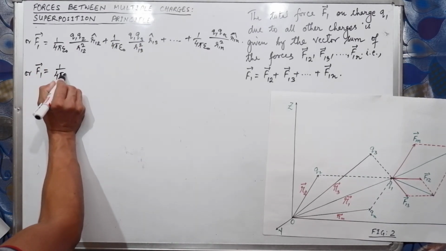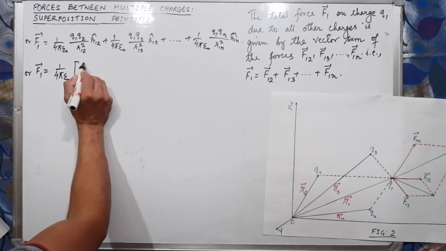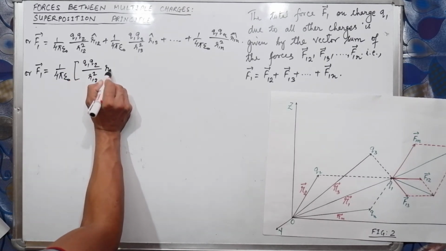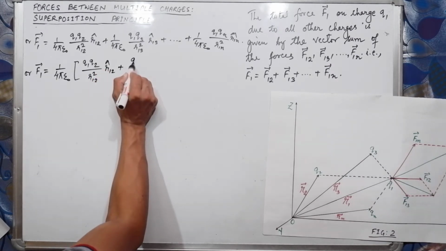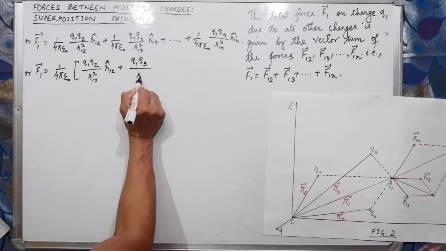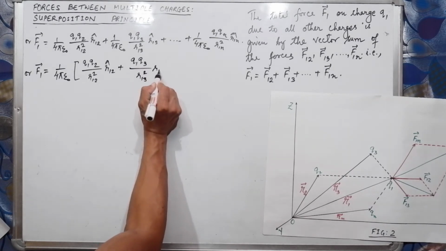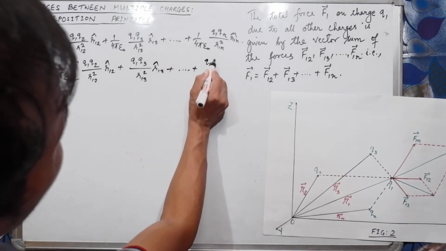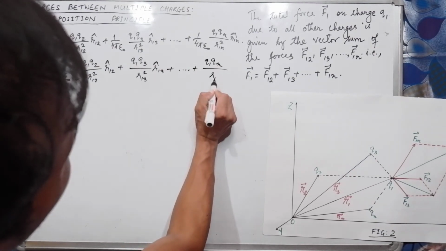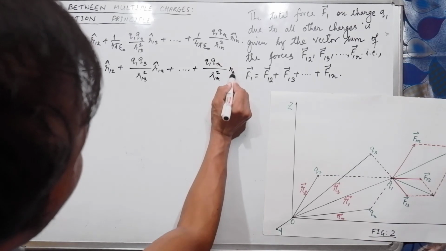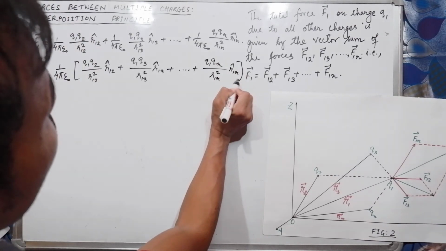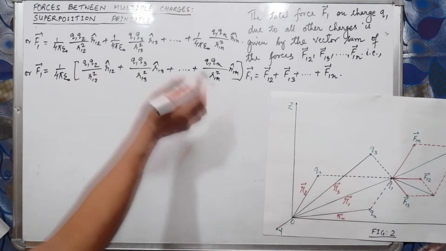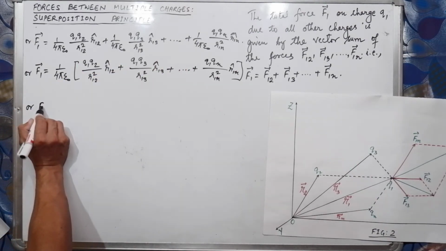So 1 by 4 pi epsilon naught, and what remains is Q1 Q2 by R12 square R12 cap plus Q1 Q3 by R13 square R13 cap plus up to Q1 Qn by R1n square R1n cap. Here also we have seen that Q1 is present in all the terms, so we will take that common as well.